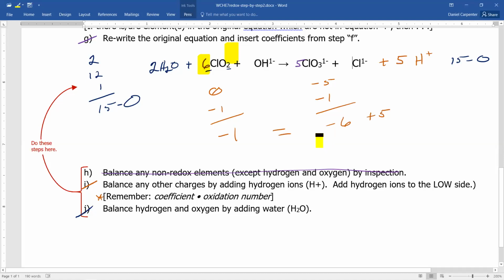So 6 times 0 is 0. Coefficient understood 1 times oxidation number minus 1 makes minus 1. 5 times minus 1 makes minus 5. And understood 1 times minus 1 makes minus 1. All right. That makes sense.